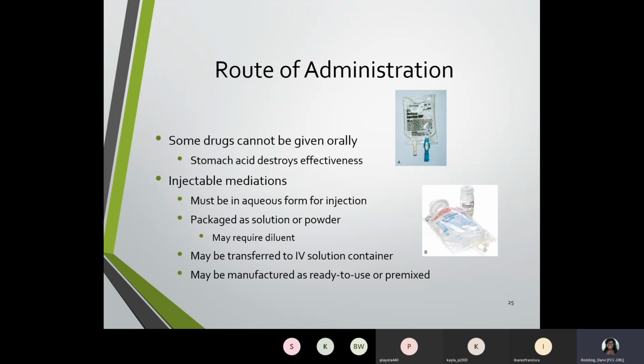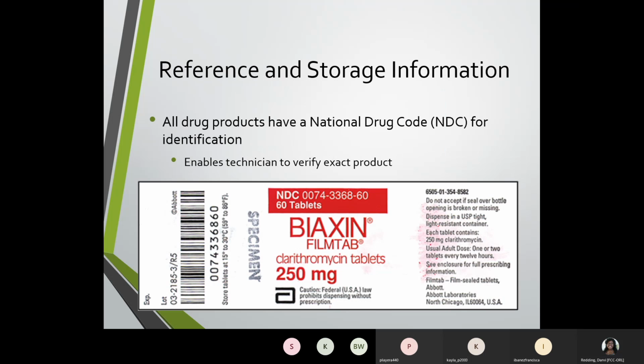They should also be packaged as a solution or a powder. So anything that's packaged as a powder may require a diluent. And so for the injectable medications, those may be transferred to an IV solution container, and they can also be manufactured as ready to use or premix, just as an example.